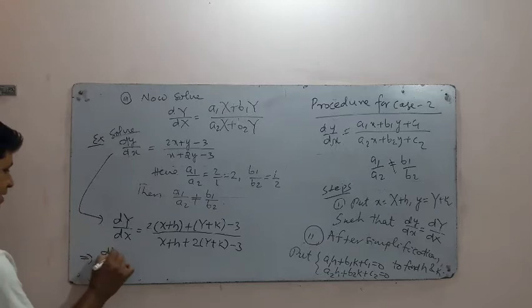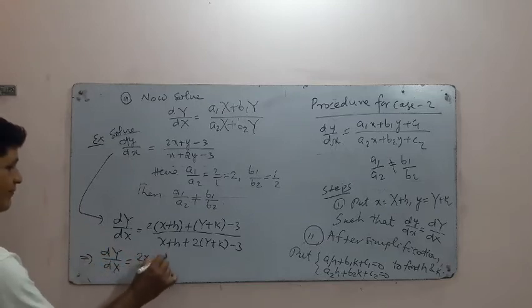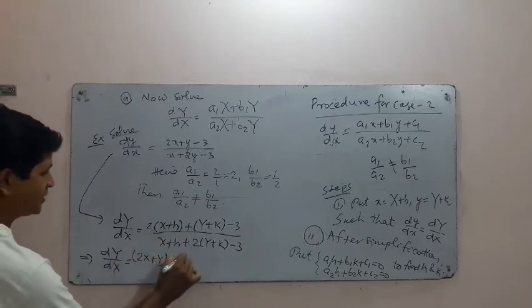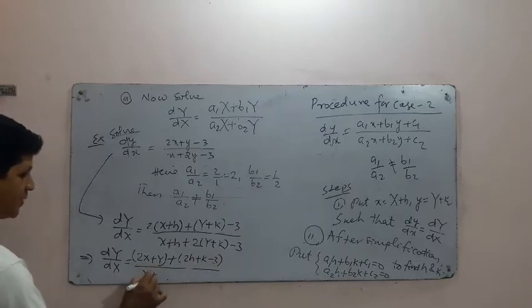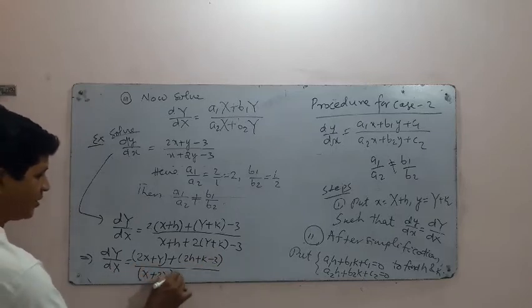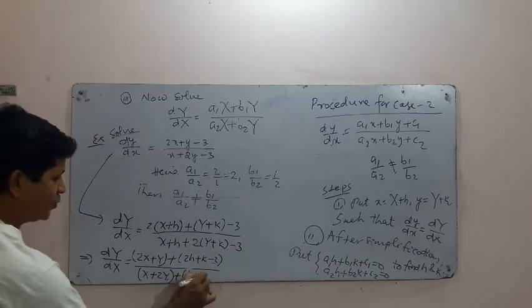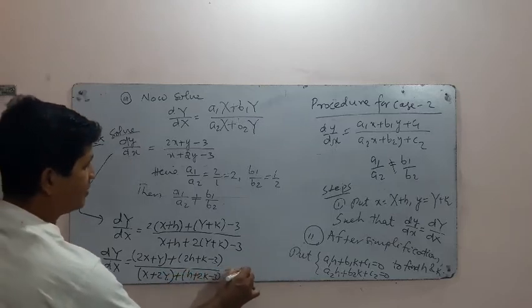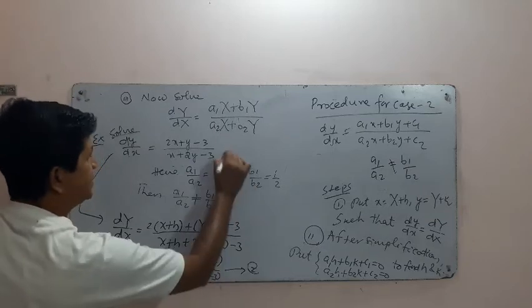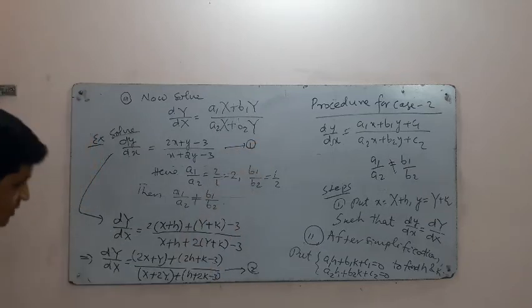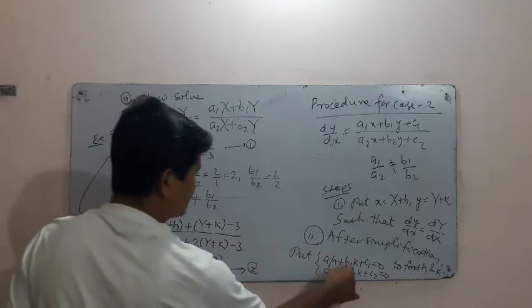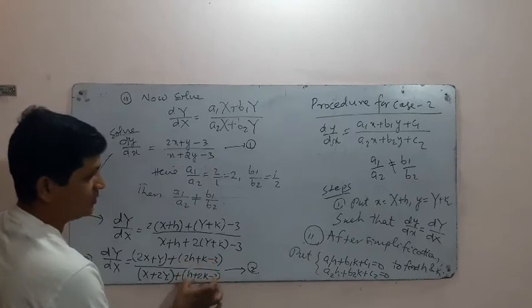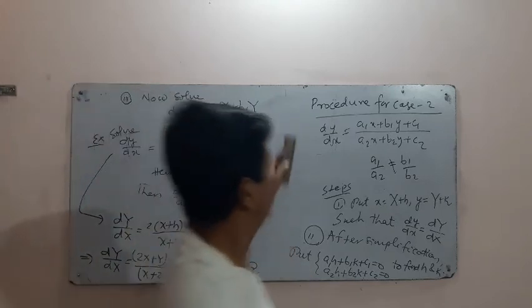Then d capital Y by dx is equal to 2X plus Y plus (2h plus k minus 3) divided by X plus 2Y plus (h plus 2k minus 3). This is equation number 2 and this is equation number 1. Now, which factor will be equal to 0? Come to the second step. This factor will be taken as 0 to make it homogeneous form.